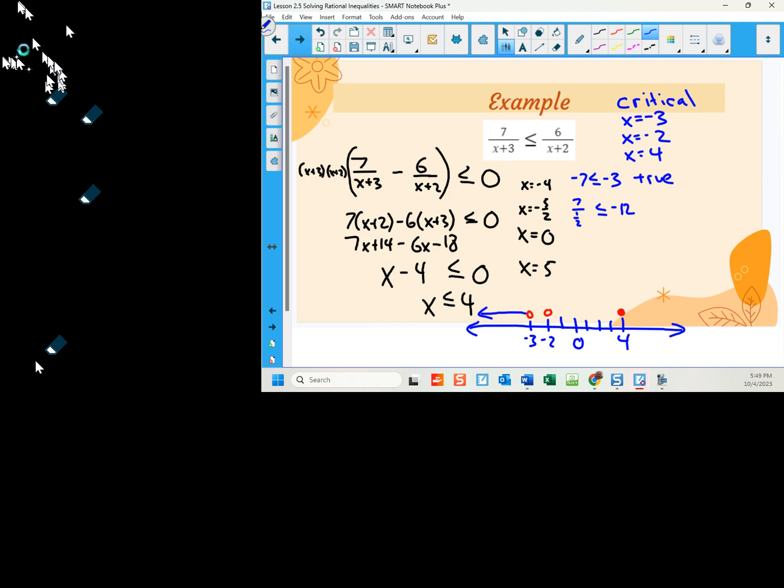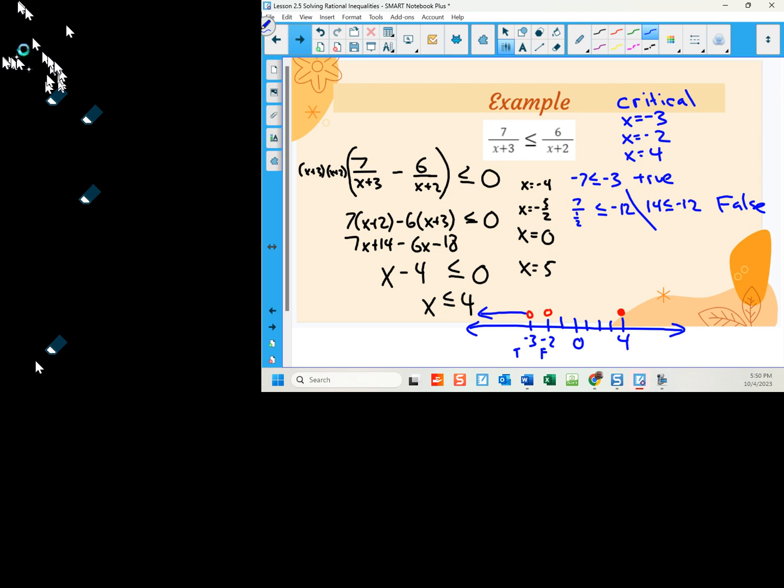Negative 12, which is false. 14 is not less than or equal to negative 12. So that's false. In between here is false. This was false. Over here was true.